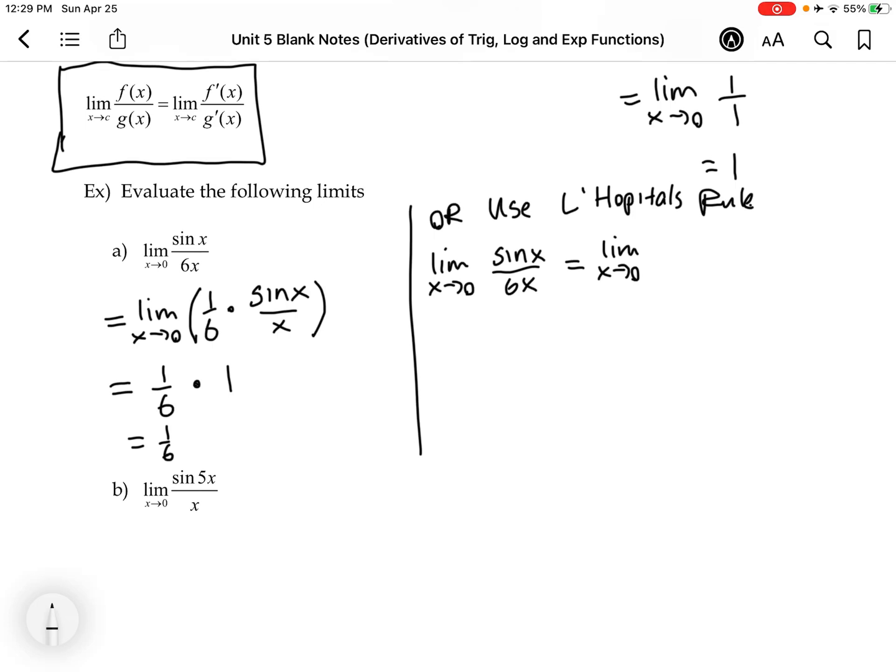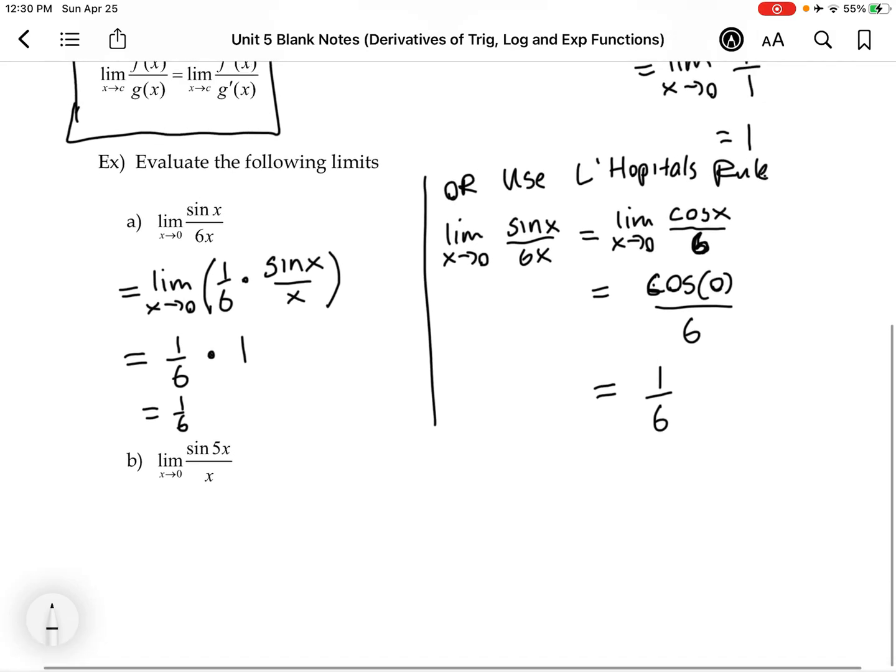The derivative of sine x is cosine x, and the derivative of 6x is 6. Now we don't have to plug in a 0 in the denominator, so we can actually just put a 0 in for x. Okay, and that's going to be cosine of 0 over 6. The cosine of 0 is equal to 1, so that's 1 over 6. Okay, so you can use L'Hopital's rule as well. Okay, now let's look at the next one.